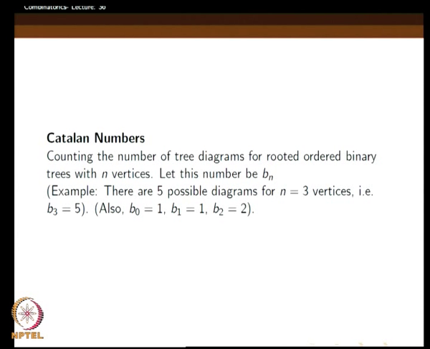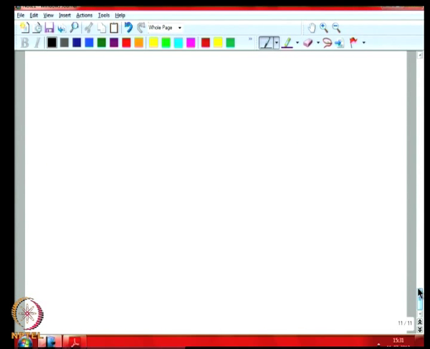Now, let us take some typical problems where Catalan numbers happen to be the answer. Let us look at this one. Count the number of tree diagrams for rooted ordered binary trees with n vertices. Okay, this is not very common, therefore I will try to explain.